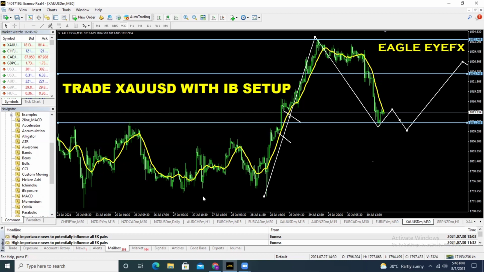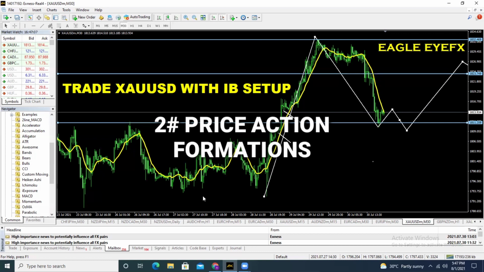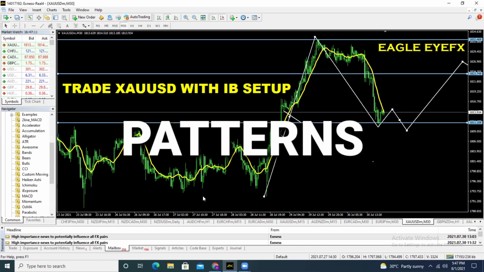If market has been coming from a downward trend and it gets to a point where the market is changing to another trend, changing direction. And we have different factors that can cause change in direction of the market. Number one, we have economic reports. Number two, we have price action formations. Number three, patterns and all that change the direction of the markets.